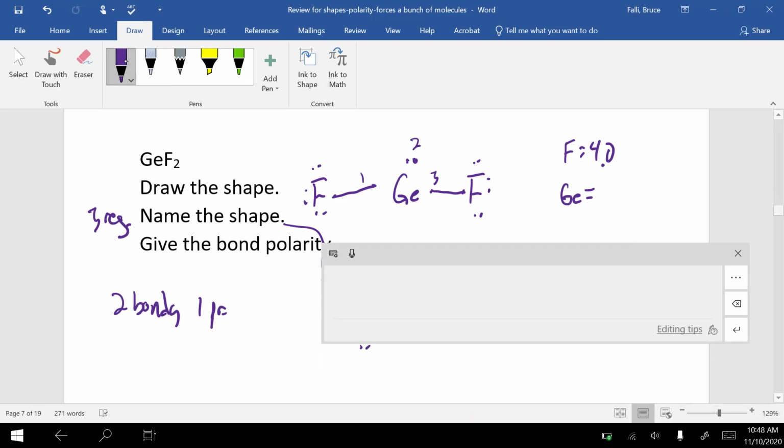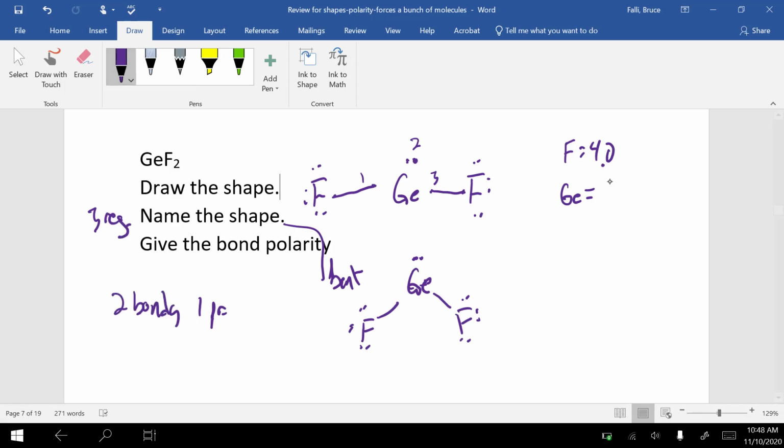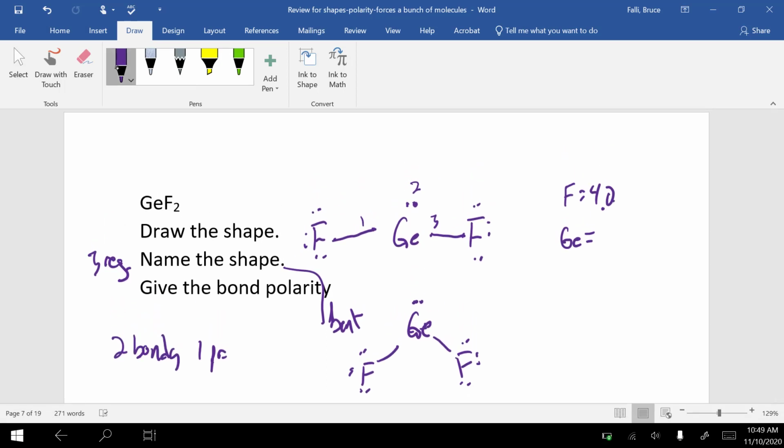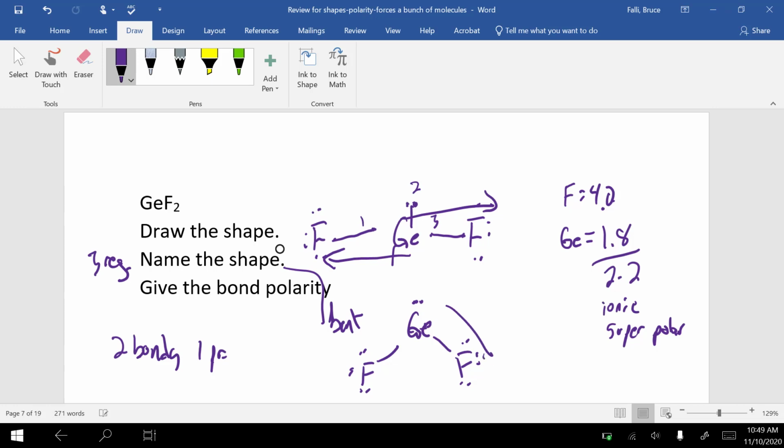And that difference is going to be 2.2. So that's going to be ionic. Now remember, ionic is superpolar. So I'm still going to draw the arrows, pointing at the more electronegative ones. If I did it on this shape, it'd be like that.